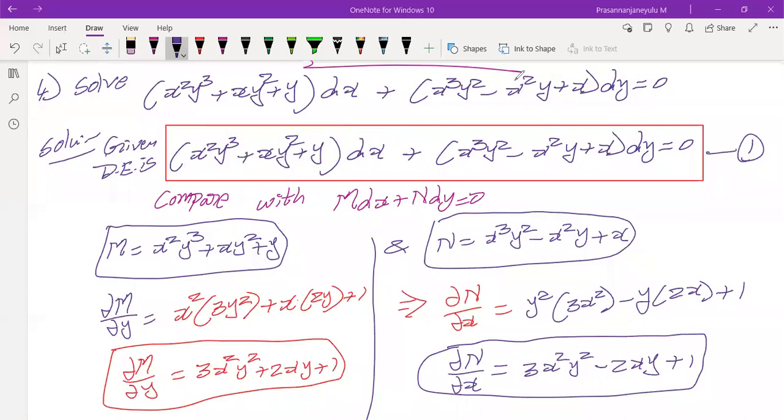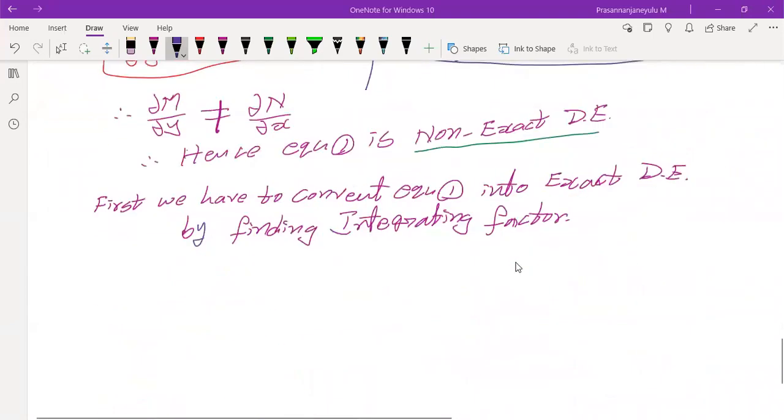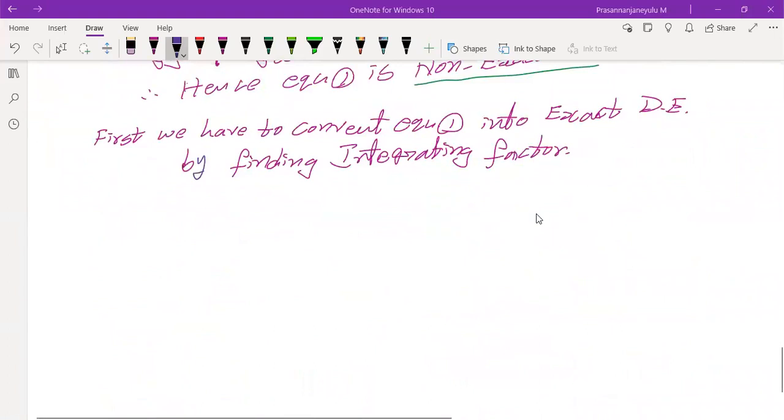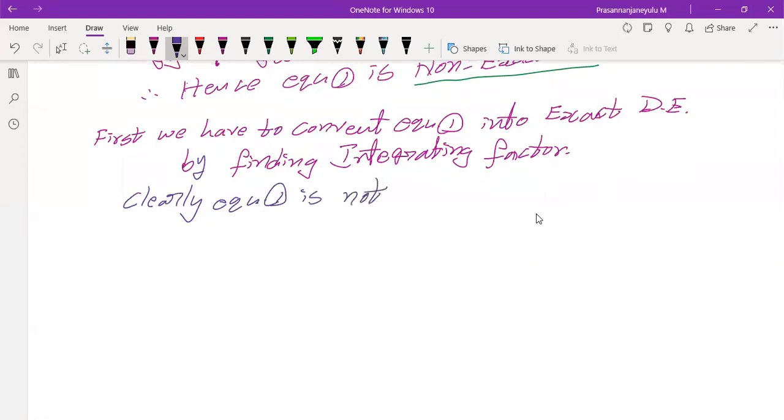So we can say clearly, the given DE is not a homogeneous differential equation. So clearly, equation 1 is not a homogeneous DE.